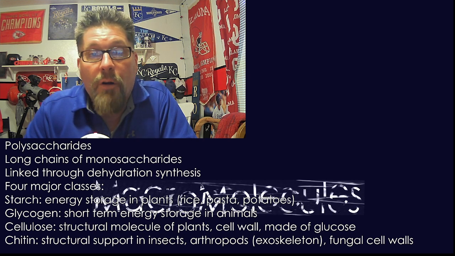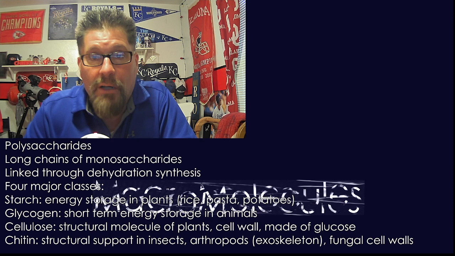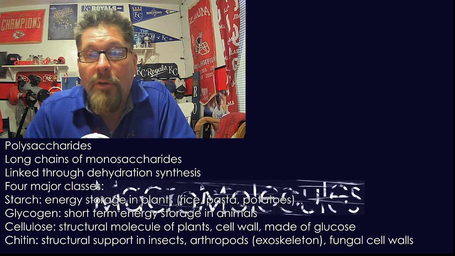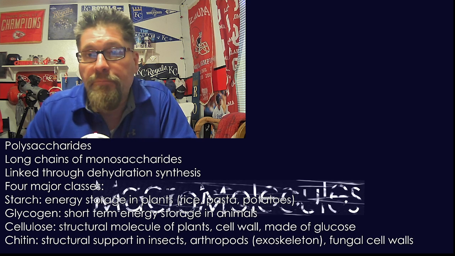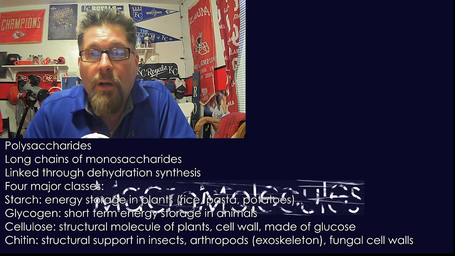Now, there are four major classes of polysaccharides. Starch, which we referred to, is energy storage in plants. Things like rice, pasta, potatoes are all big sources of starches.